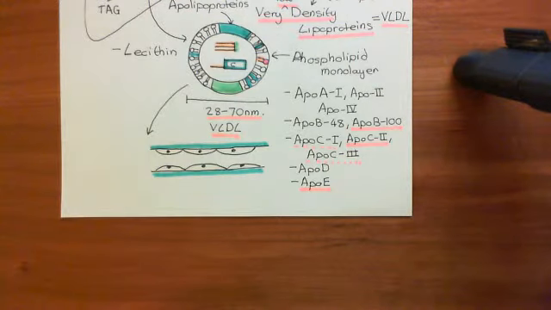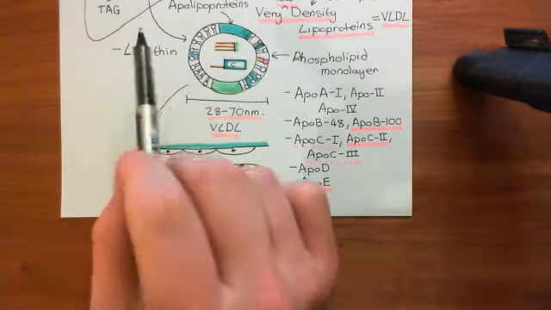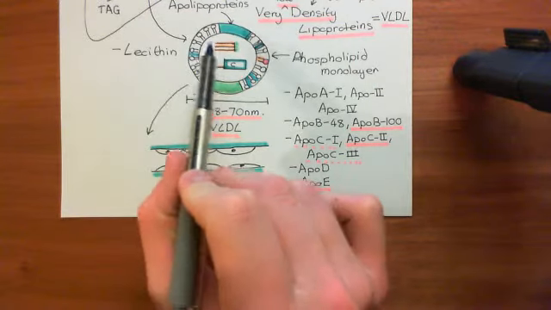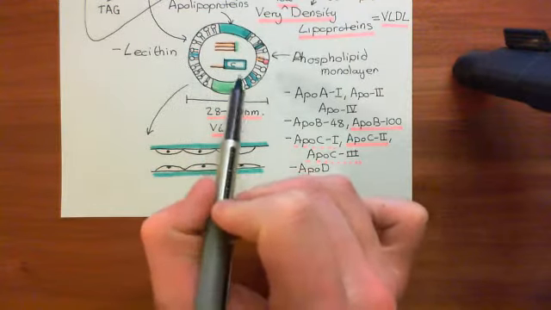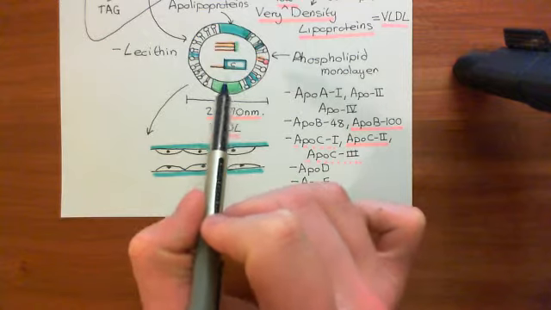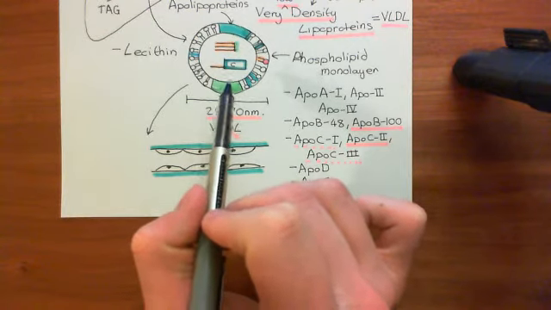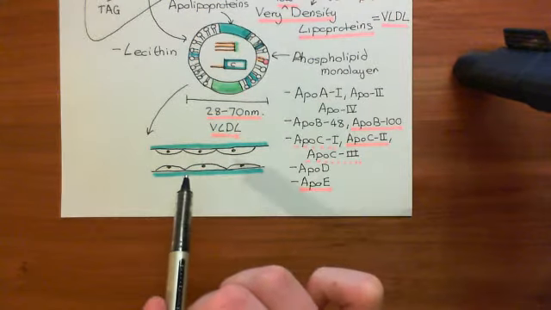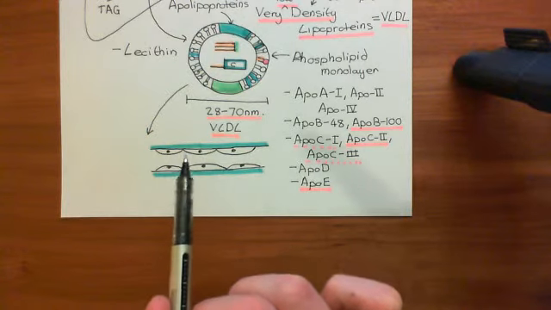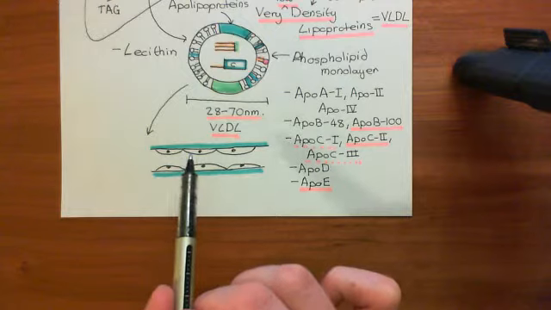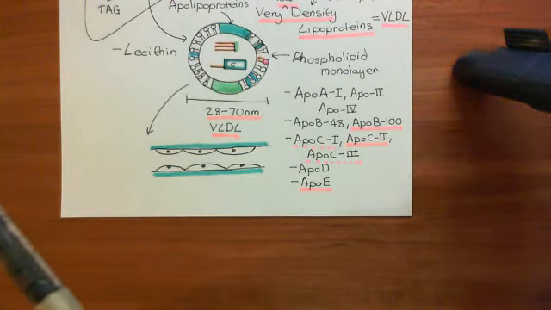Okay, right, so we have had the liver package up triacylglycerols into these very low density lipoproteins, which have then been secreted into the blood. And what's now going to happen is these very low density lipoproteins are going to go to the capillaries within skeletal muscle tissue, and also cardiac muscle tissue.